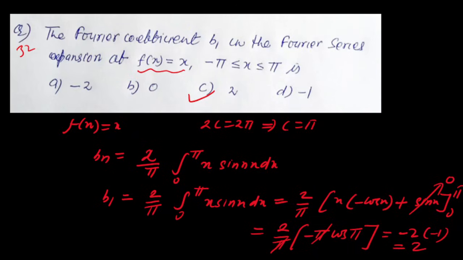But if you want some idea of how you should approach the Fourier series topic, you should be very clear about the Fourier expansion, the general result, what is even function, what is odd function, what is periodicity of a function. When the function is odd, how to write the Fourier series expansion, especially in the interval minus c to c. When the function is even, how to write the Fourier series expansion. So this kind of questions are usually asked.